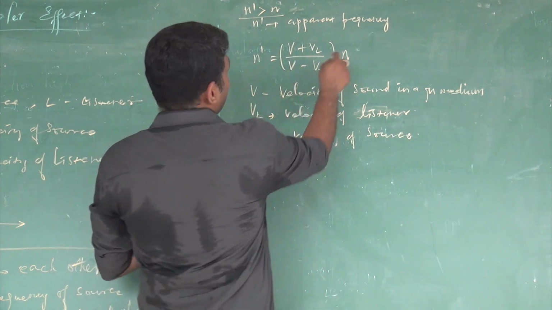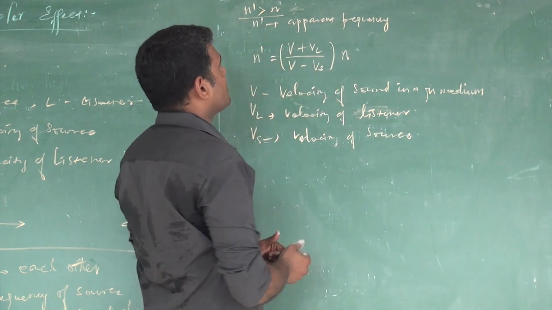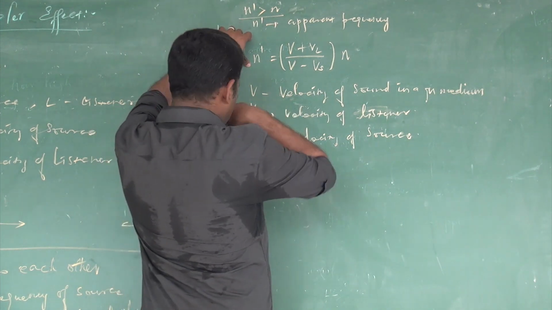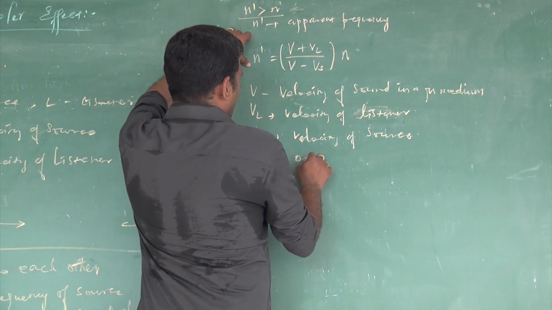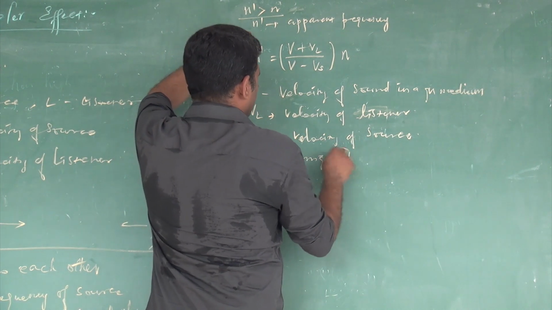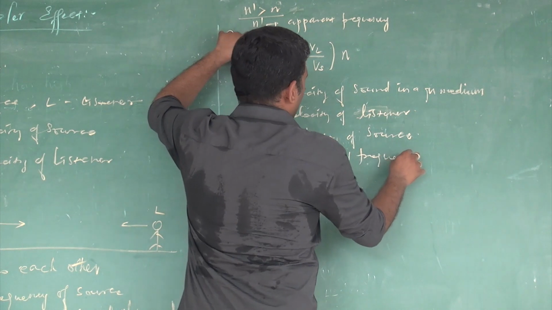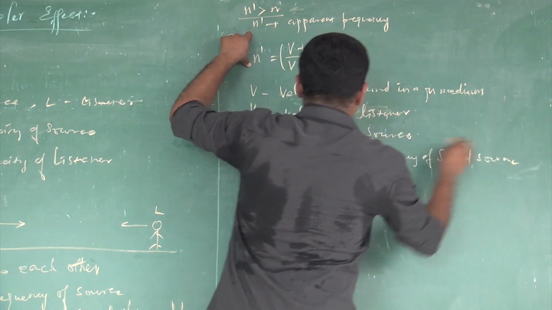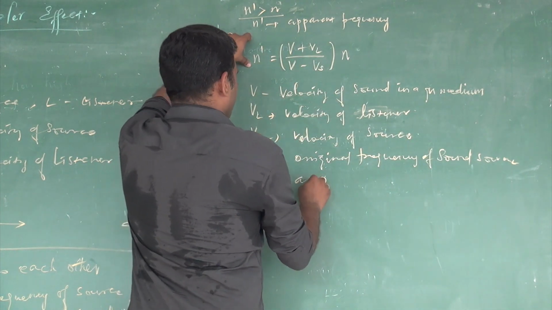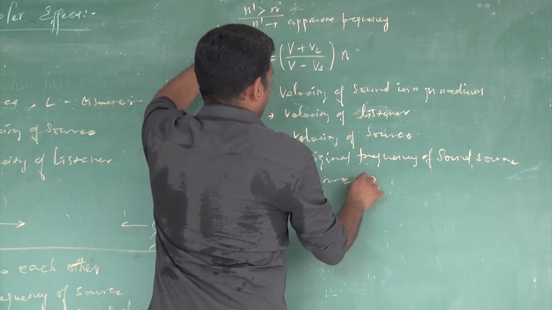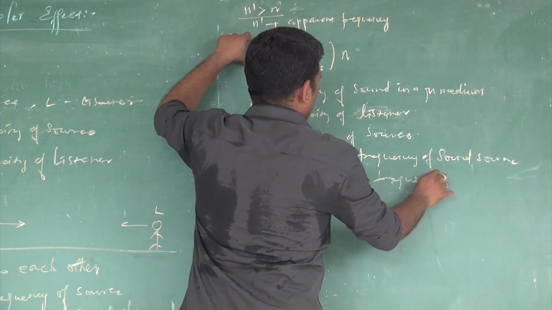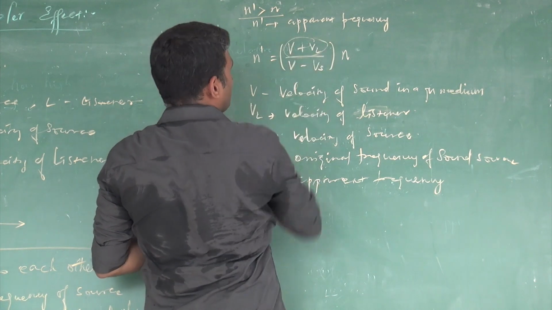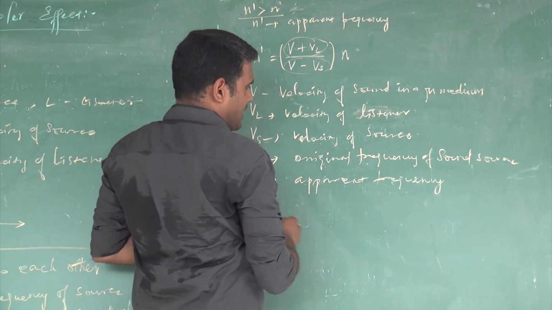As I mentioned earlier, n is the original frequency of the sounding source, n prime is the apparent frequency. From this expression, the numerator is v plus vl and the denominator is v minus vs.